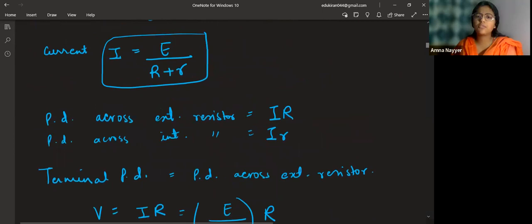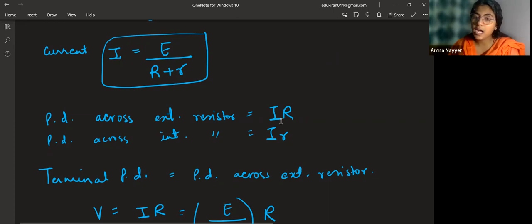So these are some formulas that you should remember. That's it. We'll now start at least with the numericals. Some numericals we should do. Current is I equals E divided by R plus r, where R is the external resistor and small r is the internal resistor, the resistor that is already present.